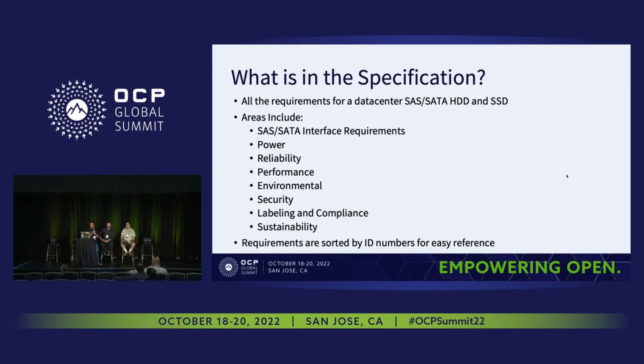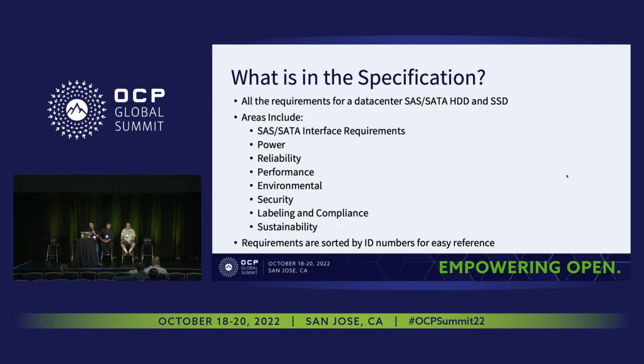In the next two sections, labeling and compliance, we also define the labeling. From an operation point of view, we require what contents should be on the label and what format we should follow. Like, are you going to use barcode or QR code or whatever for easy data center operations?